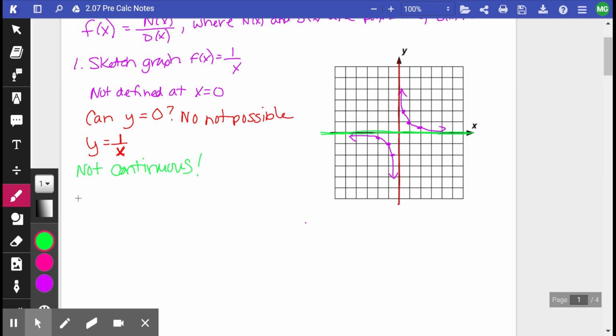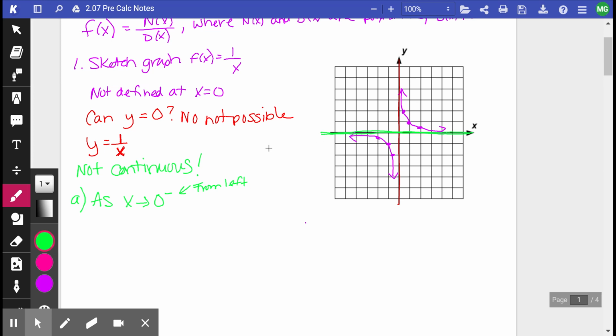So a couple things I want you to take note of with your end behavior. So what happens to f of x as x approaches 0? And I'm going to put this little negative symbol, and that means from the left, so from the negative side. So as x approaches 0 from the left, so x is getting to 0, so we're coming towards that red line.